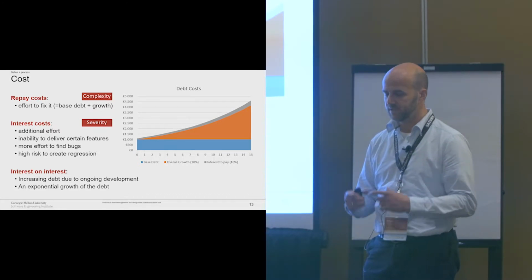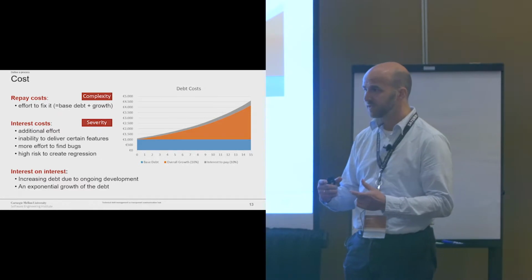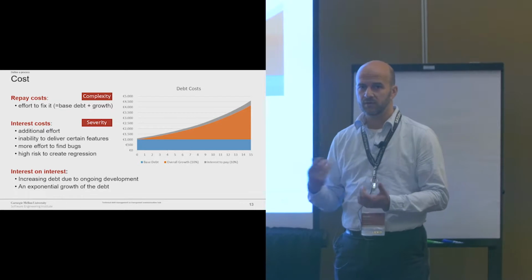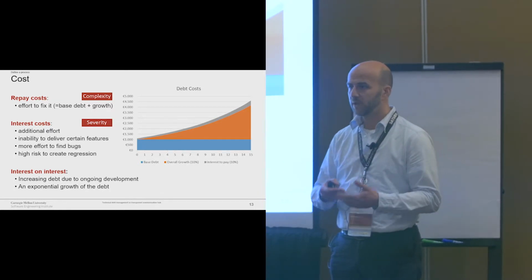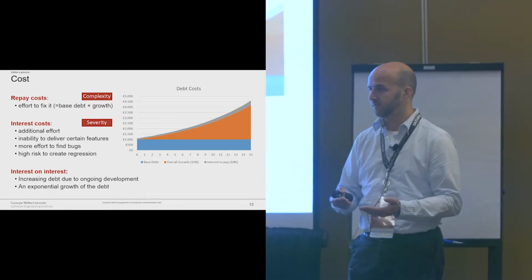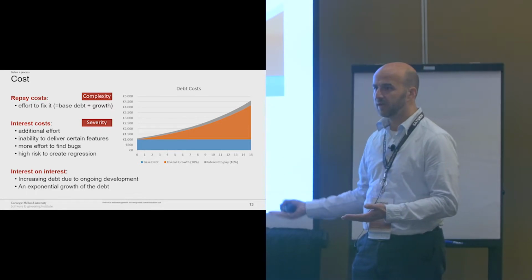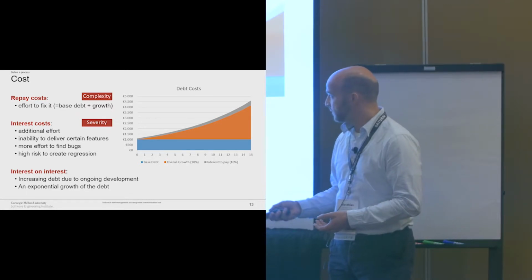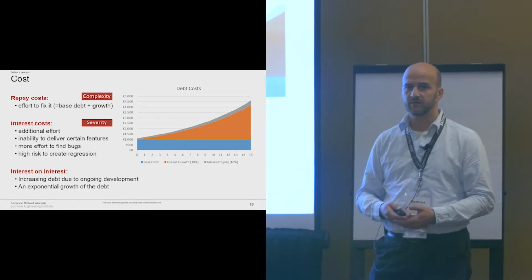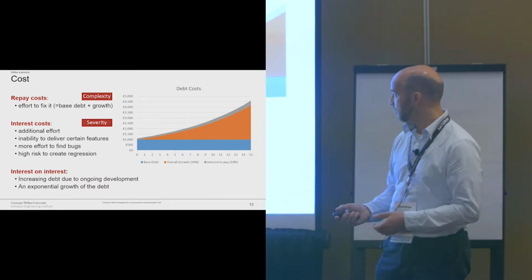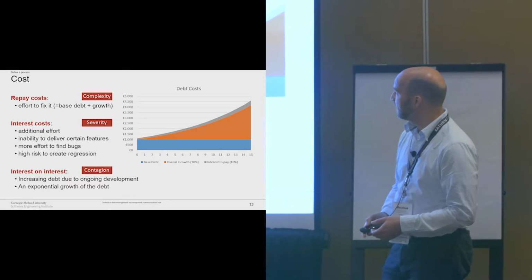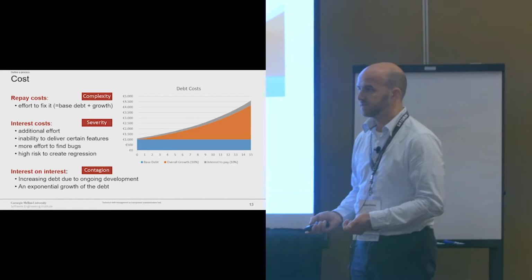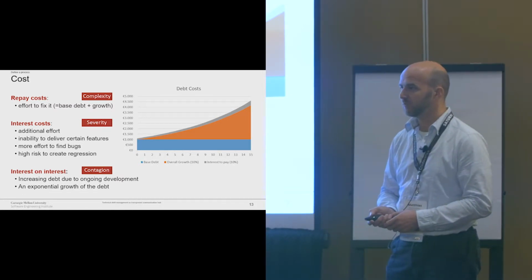When you have a technical debt in an interface and you build on top of that interface, you basically grow the technical debt of your system, because when you fix the API, all the client code you built on top of it also needs to be fixed. So if you're doing nothing, technical debt will automatically grow. The interest on the interest, we called contagion. That's how infectious the problem is in the system.